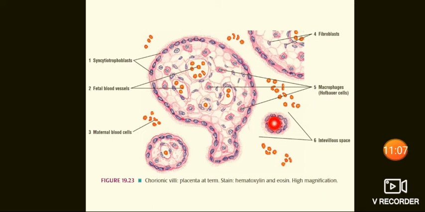So at term pregnancy, the placental barrier becomes more efficient for the exchange of substances from the fetal to the maternal blood and vice versa.